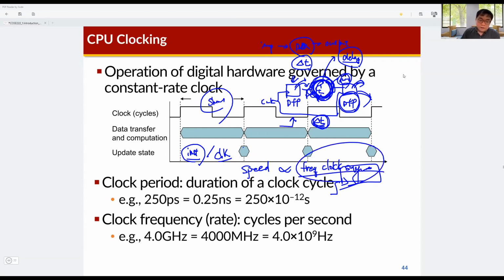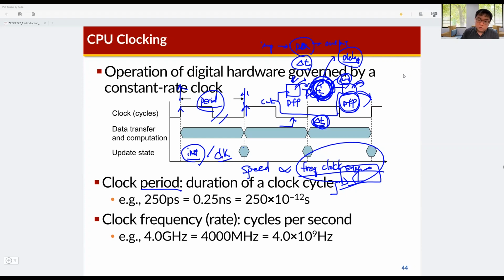I believe everyone knows how to measure the clock period and the clock frequency. The clock period is the time from one clock rising edge to the next rising edge of the clock signal. The frequency is the inverse of the clock period.